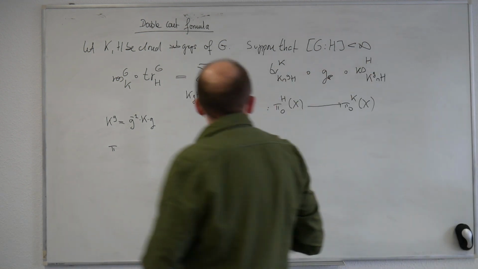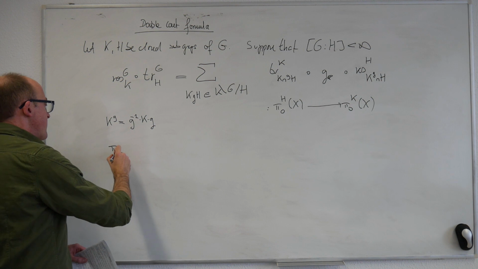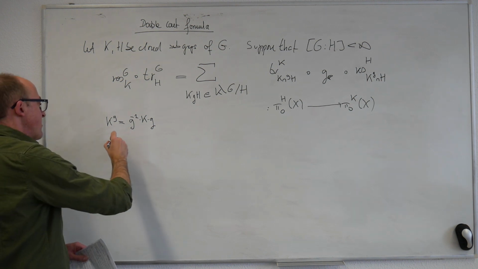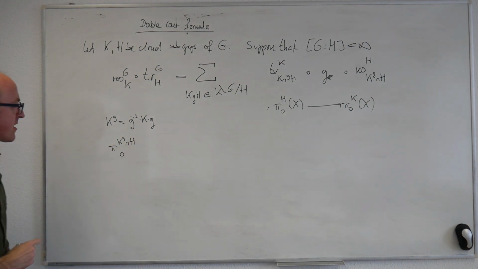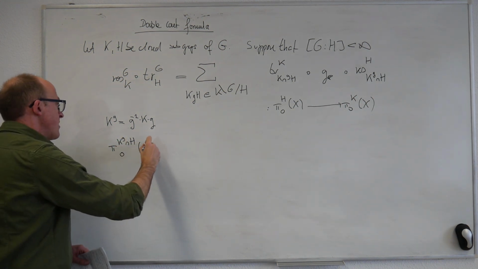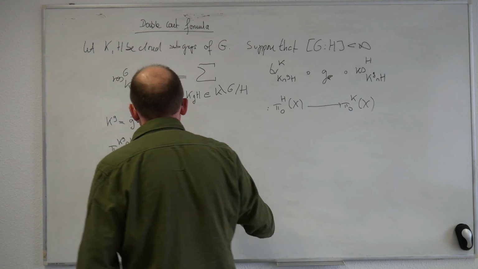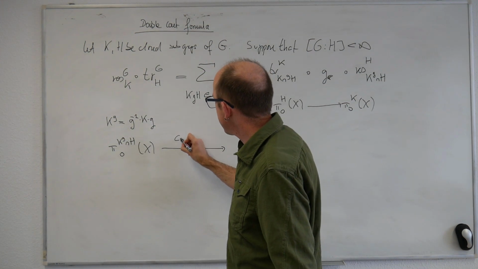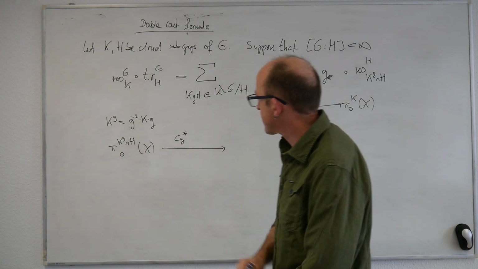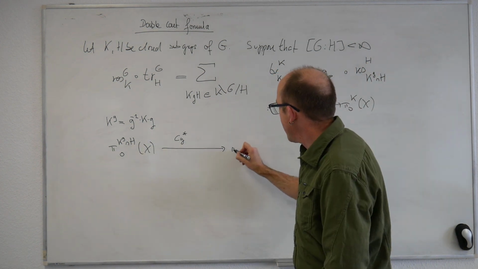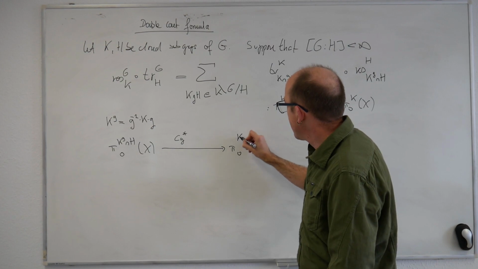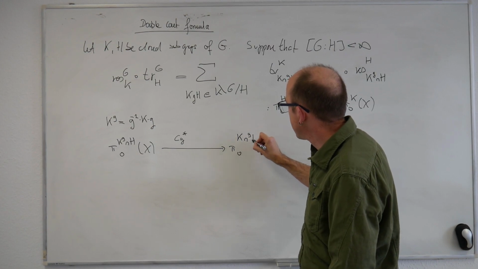So this map g lower star then has to be a map from pi 0, and the group of equivariants is K conjugated by g and intersected with H, of X. And we first do the conjugation homomorphism. c_g upper star, remember, was the homomorphism that conjugates by g. So this will land us in pi 0, and now we have the conjugation on the other side.